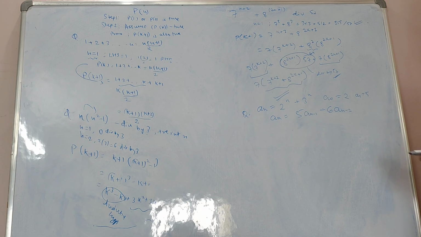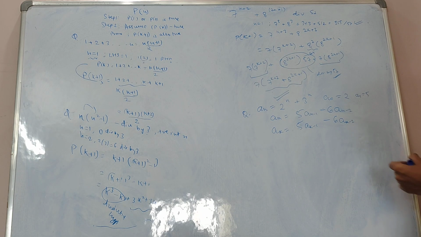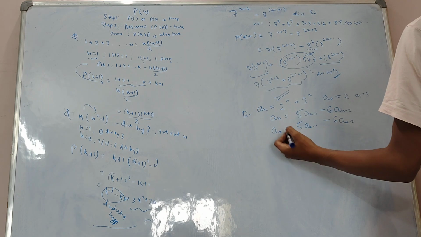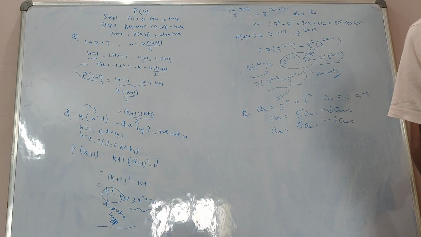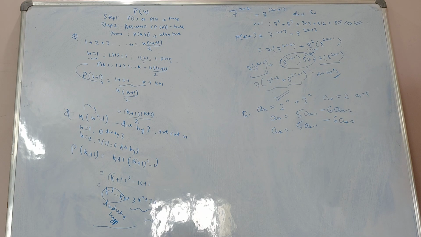So I will assume for all n less than or equal to k, a_k will be equal to 5a_(k-1) minus 6a_(k-2), and then I will simply, for k minus 1, it will be, right.